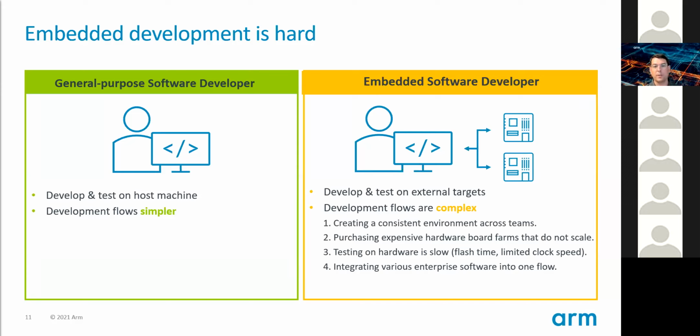Some of the developers may need to work on multiple portions of the software. Each might have different toolchain configuration requirements. The company might need to invest in a board farm and maintain it, which can be very costly. Moreover, testing software on hardware targets is slower. Integrating all of the specific tools and processes for each of the subsystems into the CI flow can be complicated.